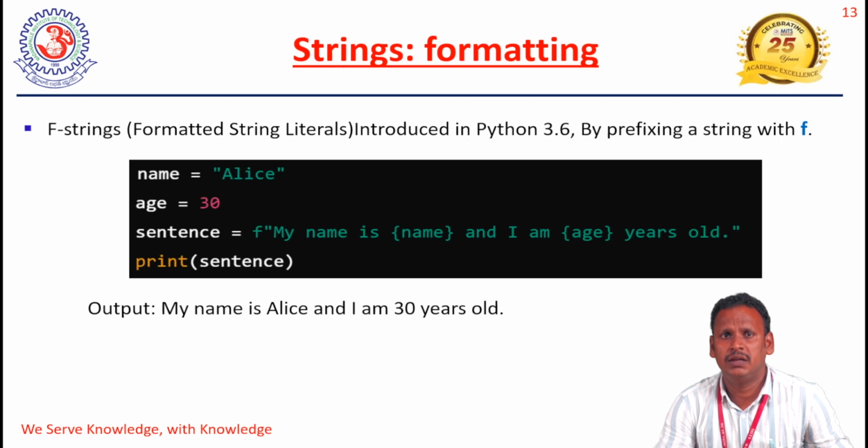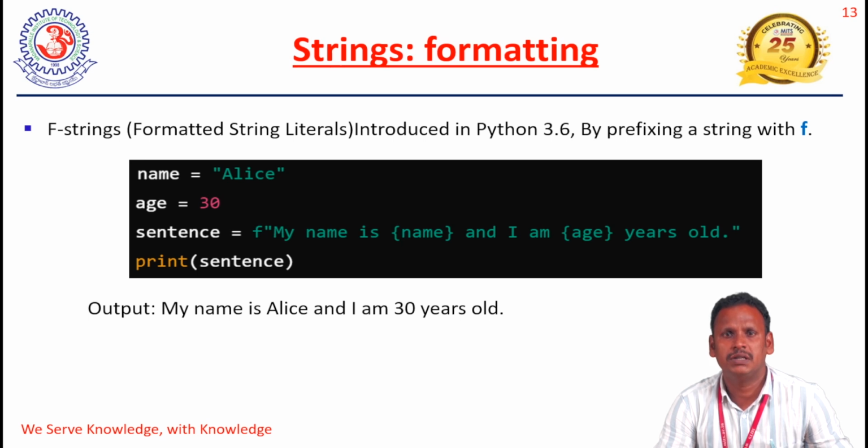Another way is that you can use f-strings. An f-string is a different version of your format. It was introduced in Python 3.6. Whenever you are creating a string, if you put f before the starting double quotes, it becomes an f-string. I am taking the same example. Name equal to Alice and age equal to 30.